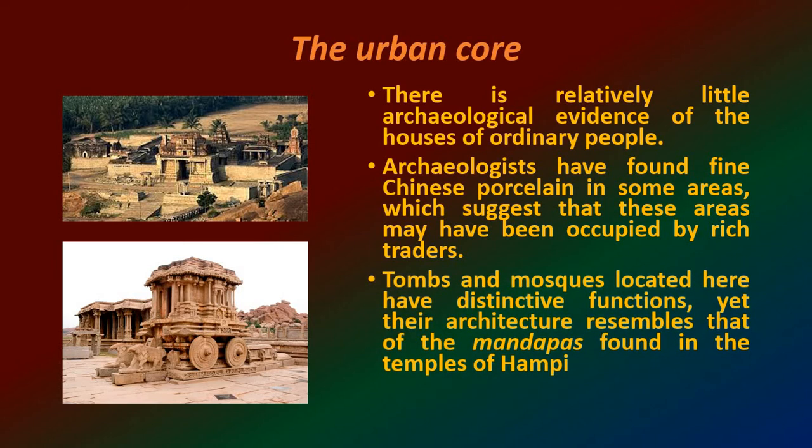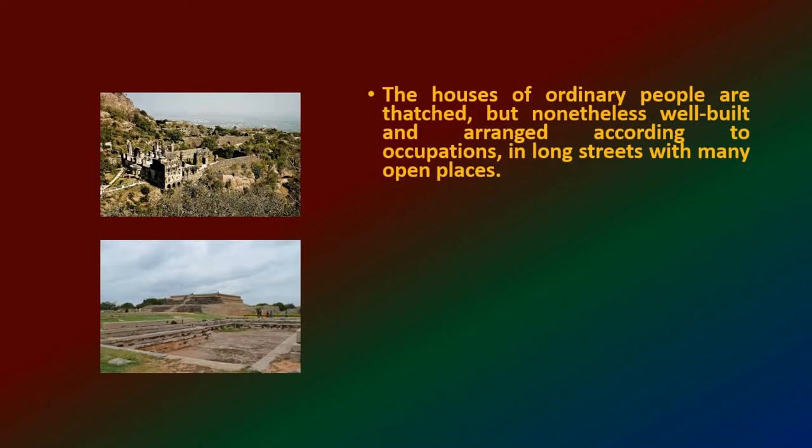Tombs and mosques located here have distinctive functions, yet their architecture resembles that of the mandapas found in the temples of Hampi. The houses of ordinary people are thatched, but nonetheless well built and arranged according to occupations in long streets with many open places.